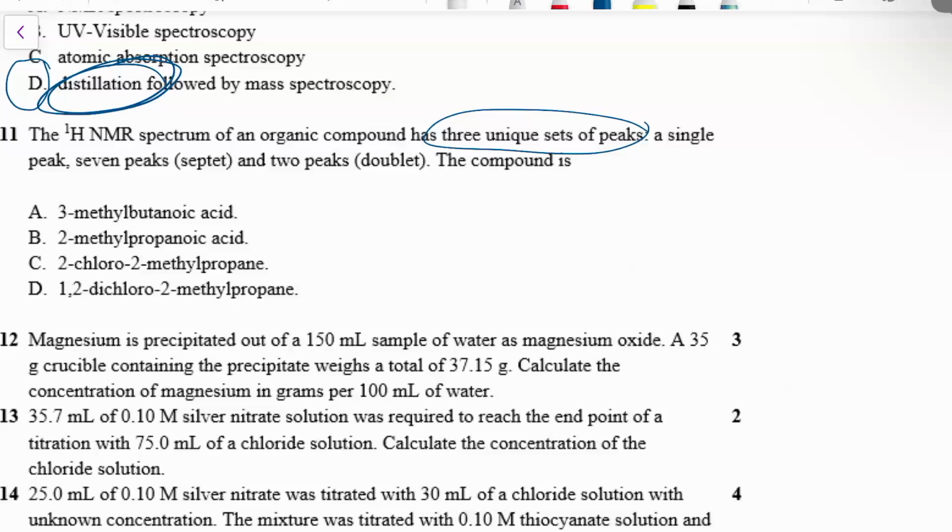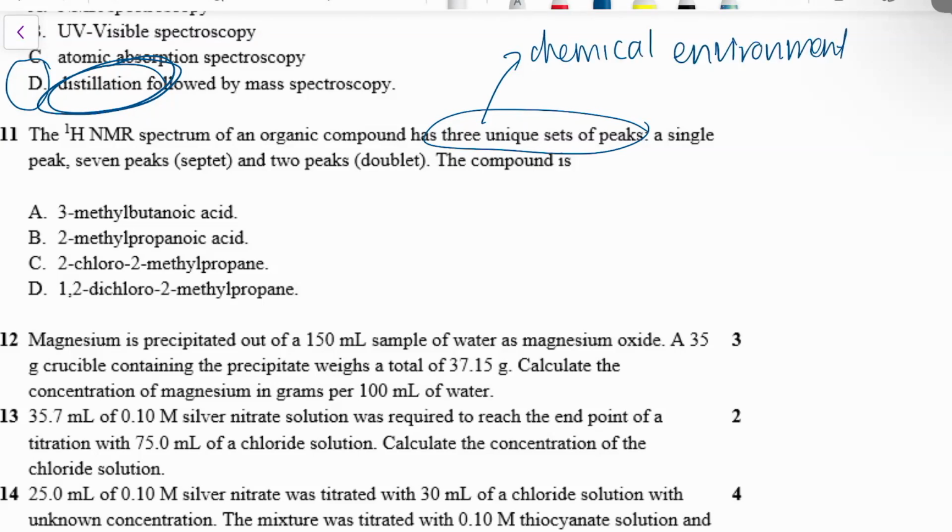Integration is how tall each peak is. This tells you that there are 3 sets of peaks. Things only have a peak in the same spot if they produce the same signal, which means they look the same. So sets of peaks tells you the chemical environment.